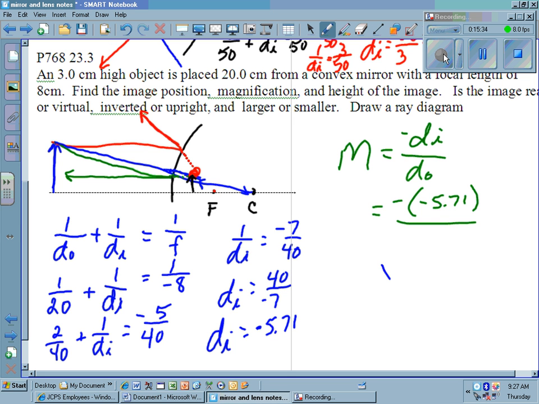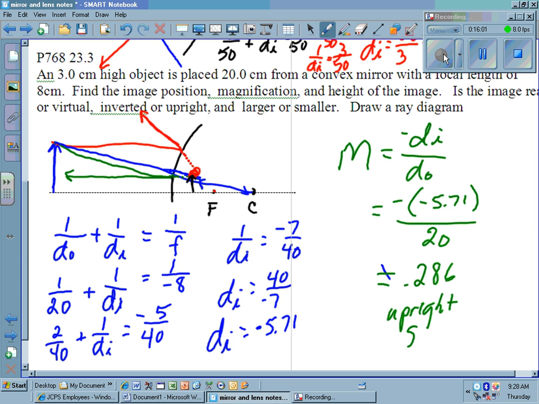The object distance was where was it? 20. Okay. So when you look in that mirror, you're going to see a little teeny magnification of 0.286. Since it's positive, what are you going to see in the mirror? Virtual image. Oh, wait, careful. Upright image, right? Upright. And you will also see it as, since it's 0.286, you'll see it smaller.